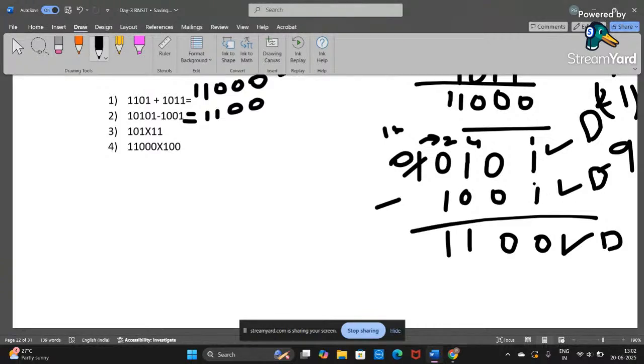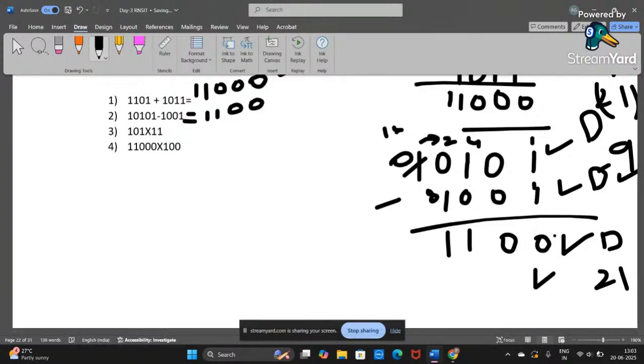Same way, here it is 1 and 2 power 0, 2 power 1, 2 power 2, 2 power 3. So 2 power 3 is 8. 8 plus 1, it is 9. So the decimal value is 9. So 21 minus 9, it is 12. So this decimal value should be 12.